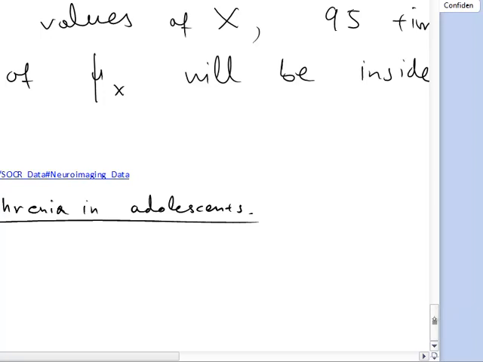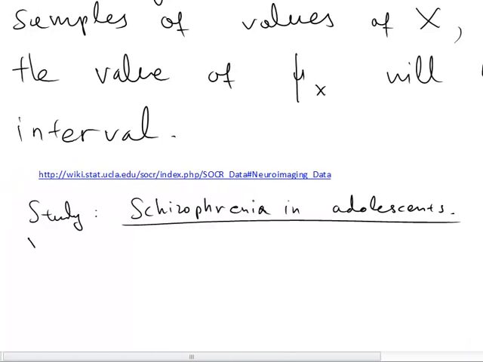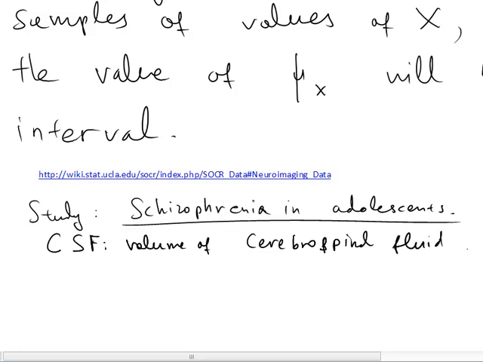You go find the study, you've already seen, and you will see it again, the precise link. So I have a random variable which I call CSF, which is volume of cerebrospinal fluid in cubic millimeters. I stress that because you need to have the units right.